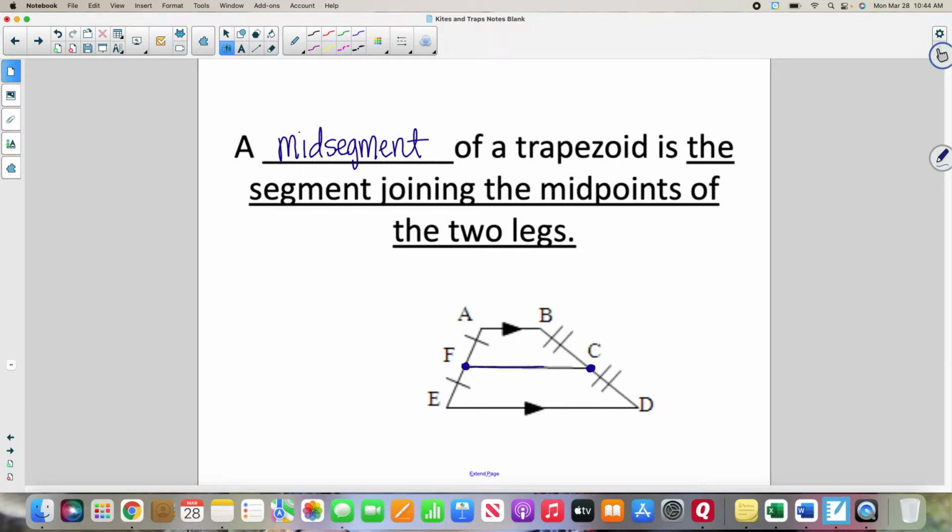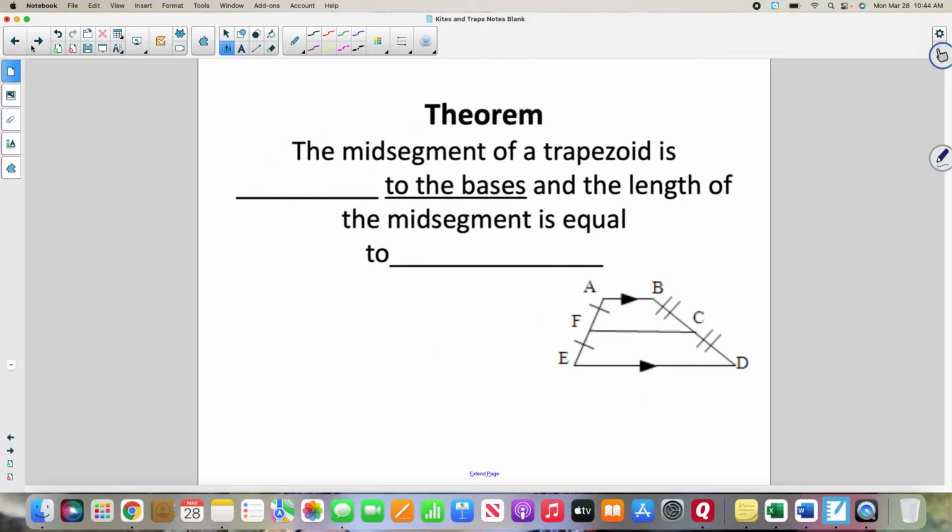So this guy right here is your mid-segment. The mid-segment of a trapezoid is parallel to the bases.